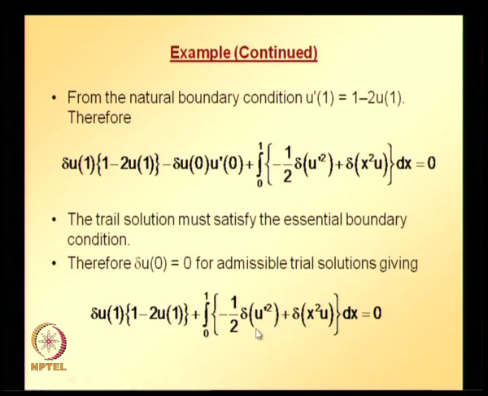If you see the second term, half is a constant, and the first part is like variation of u, the second part is like variation of v, so you can take the variational operator out: variation of u plus variation of v. So there is no need of much manipulation for this term; we need to look into the other term. Let us look at how we can write this one.